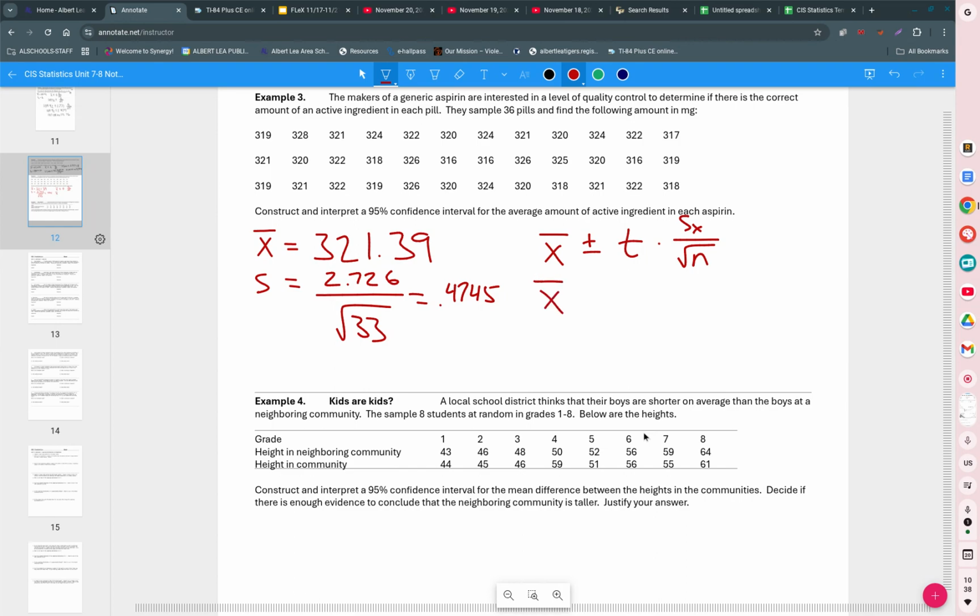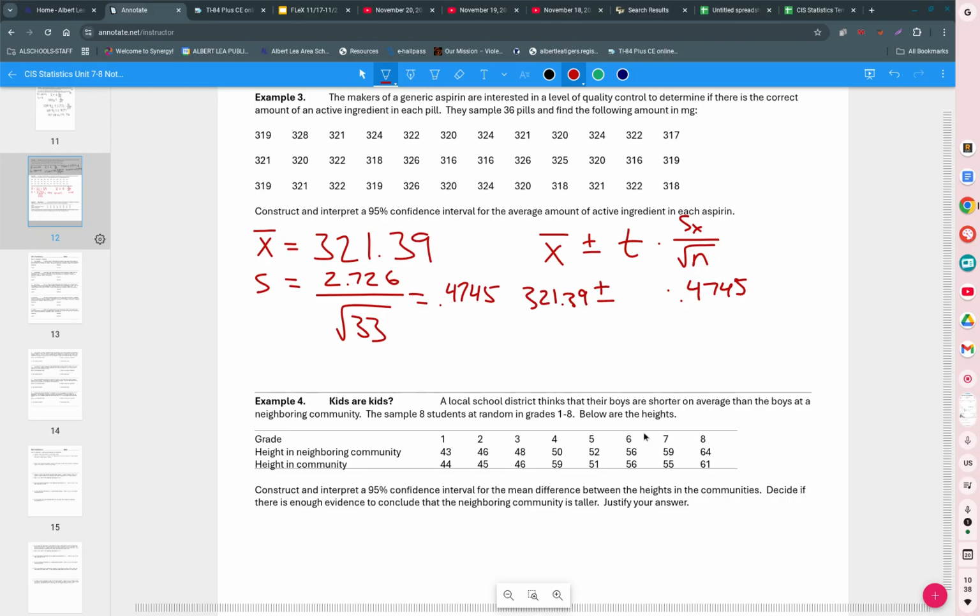So x bar, which is, in this situation, 321.39 plus or minus, we already figured out standard deviation divided by the root of n, and we got that to be 0.4745.